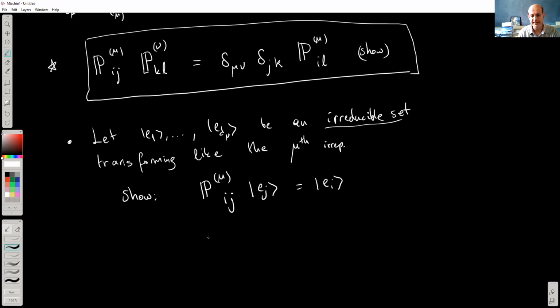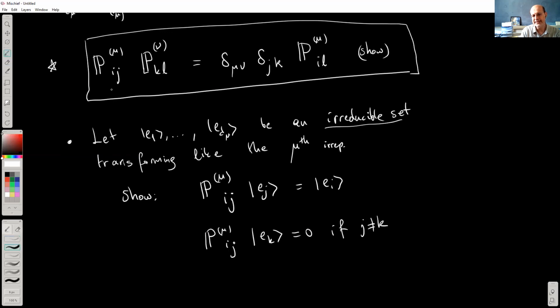The second thing is this. What happens if I apply this to, let's say, a vector where the label is not equal to j, right? So this is Pij. So these two labels are different from each other. So the result is 0.